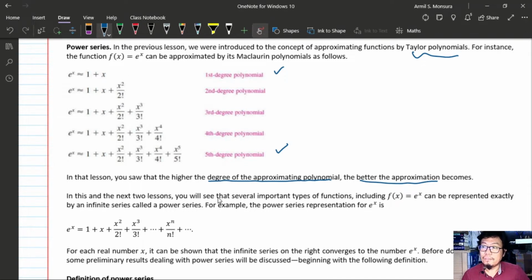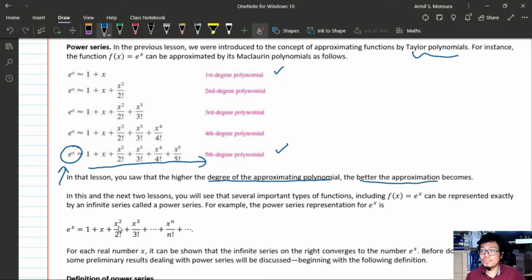The big idea is that if we add up an infinite number of terms of your Taylor or Maclaurin polynomial, we could make your sum converge to that function.